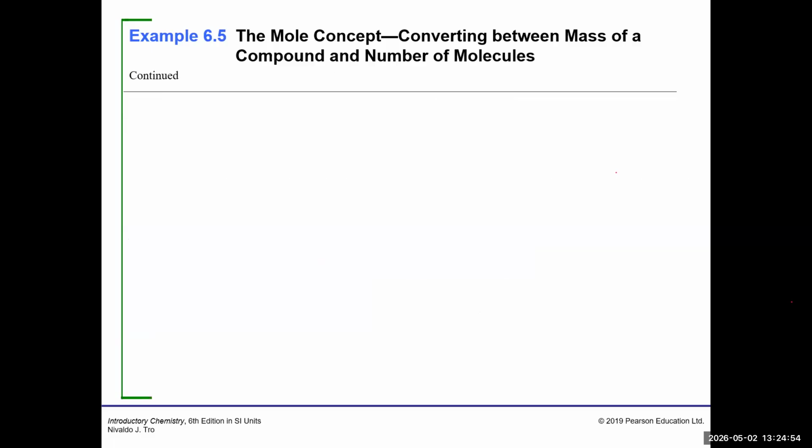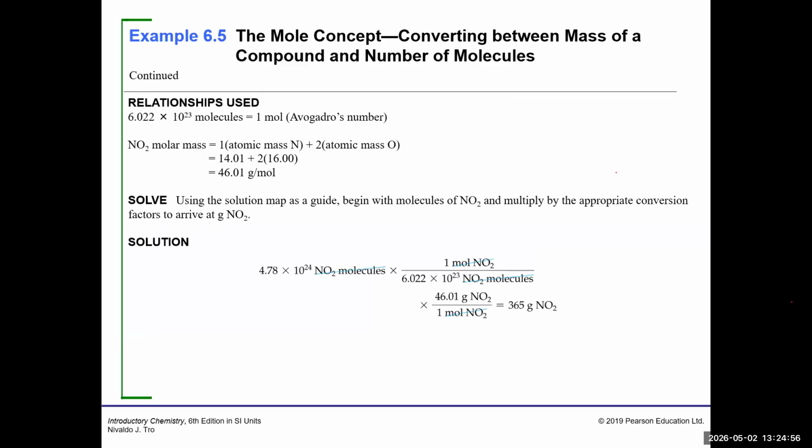All right. So now let's put the numbers together. 6.02 times 10 to the power 23 molecules is equal to 1 mole, Avogadro's number. For the nitrogen dioxide molar mass, nitrogen's atomic mass is 14.01. Oxygen is 16.